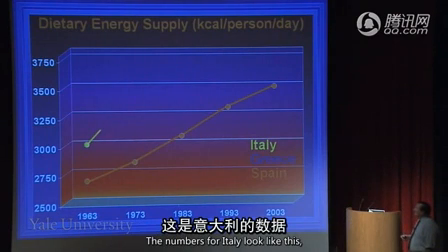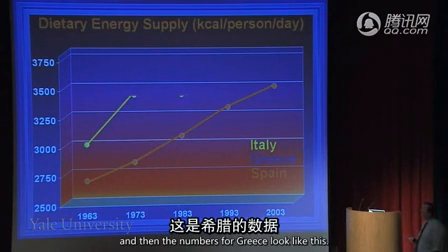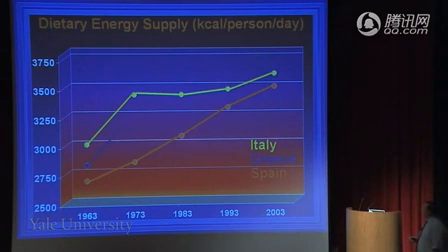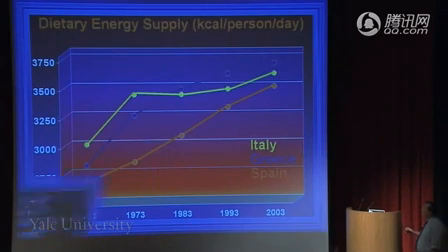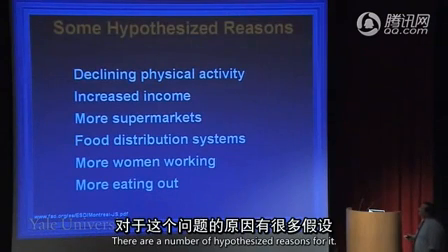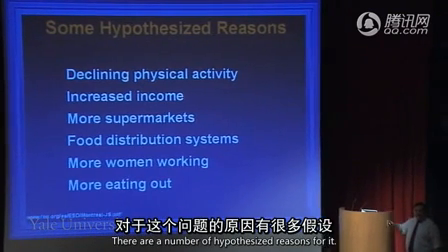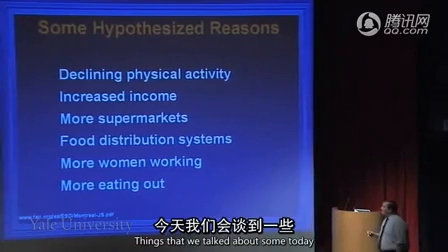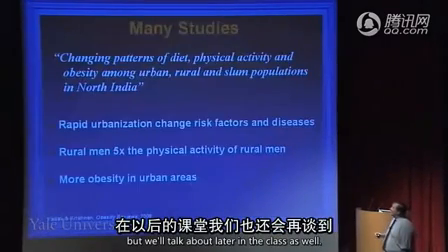The numbers for Italy look like this. And then the numbers for Greece look like this. When you put all this together, I'm going to skip this, but you'll see it in the slides. There are a number of hypothesized reasons for it, things that we talked about some today, but we'll talk about later in the class as well.